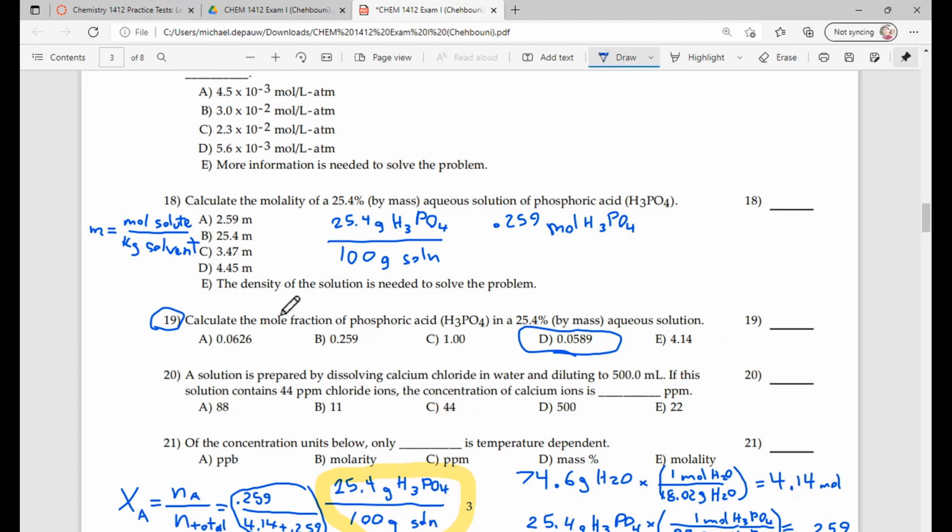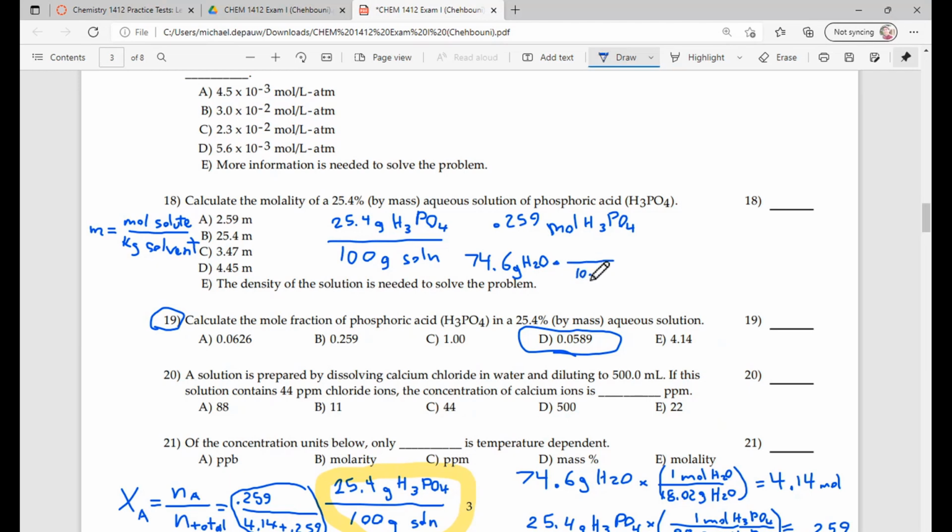So we know that we have 25.4 grams of H3PO4, but how many grams of solvent do we have? 74.6. That's how many grams of solvent. Our solvent is water in this case, right? So I just need to convert this to kilograms.